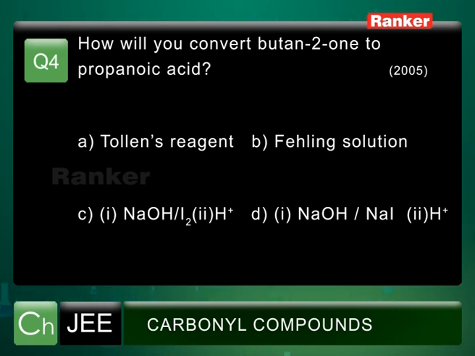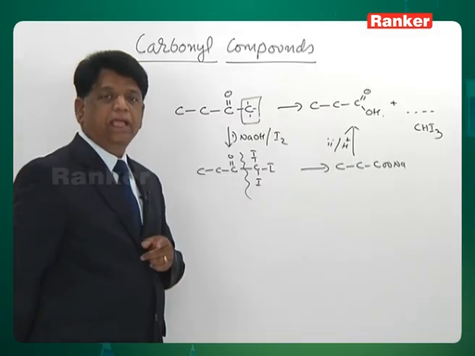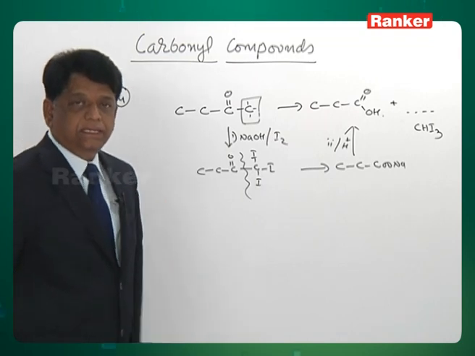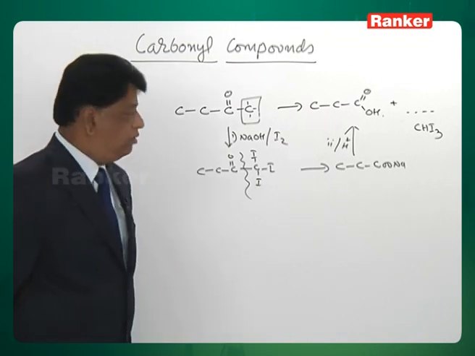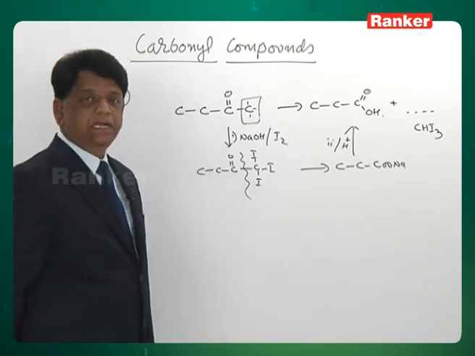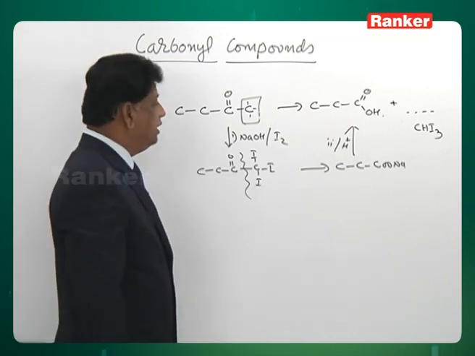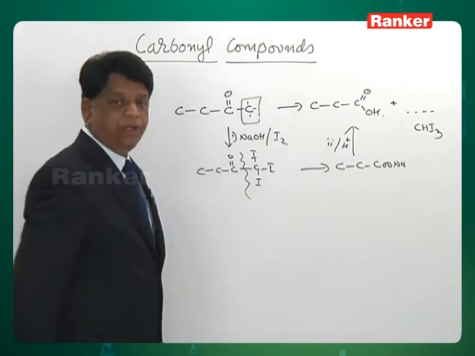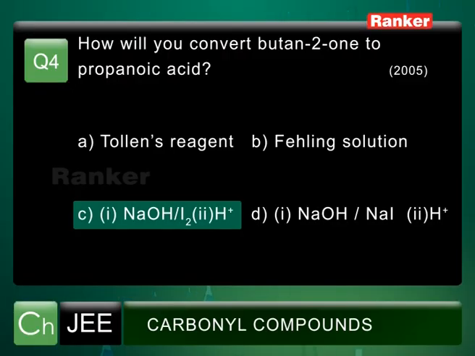The iodine and sodium hydroxide is a must here to get the iodination reaction. Sodium iodide is I minus, neither an oxidizing agent nor a halogenating agent, so here the sodium iodide is useless. Iodine and NaOH is commonly known as the haloform reaction. So the reaction is giving propanoic acid. So the answer is C.